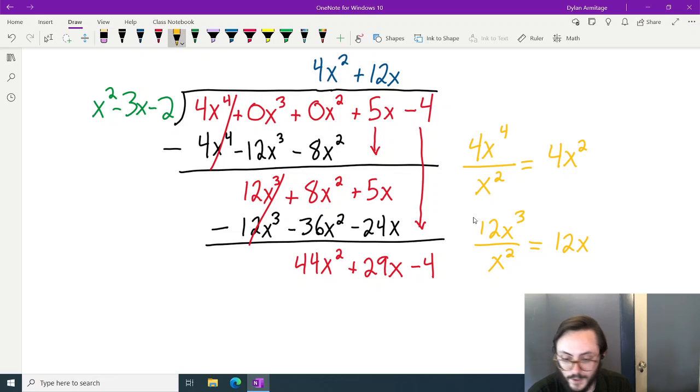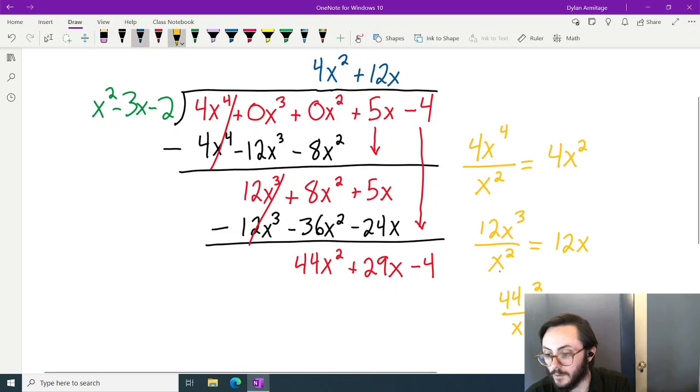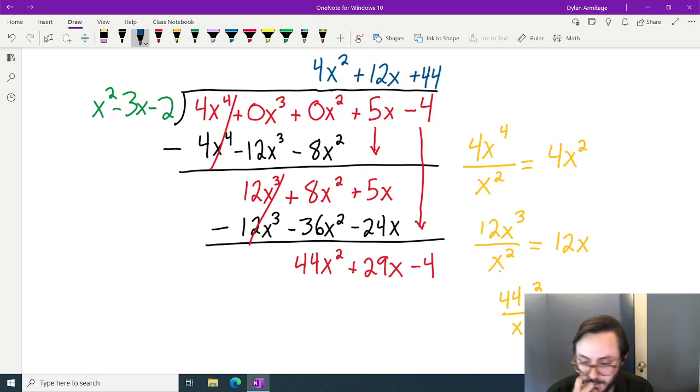Once again, 44x squared divided by x squared is just positive 44. So we're going to multiply everything by 44, which means that the final part of our quotient before the remainder is positive 44.